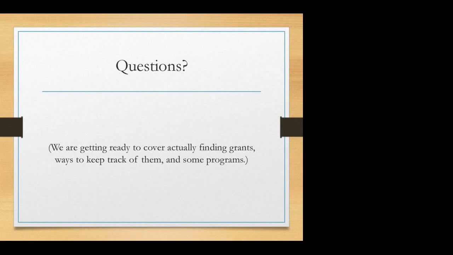Grants for startups are a little different a lot of times. I'm going to tell you all a general rule. It doesn't always work. If you can get a loan for it, you're less likely to be able to get a grant for it. So, if you can get a loan for a tractor, less likely to get a grant. If you can get a loan for a farm, less likely to be able to get a grant.